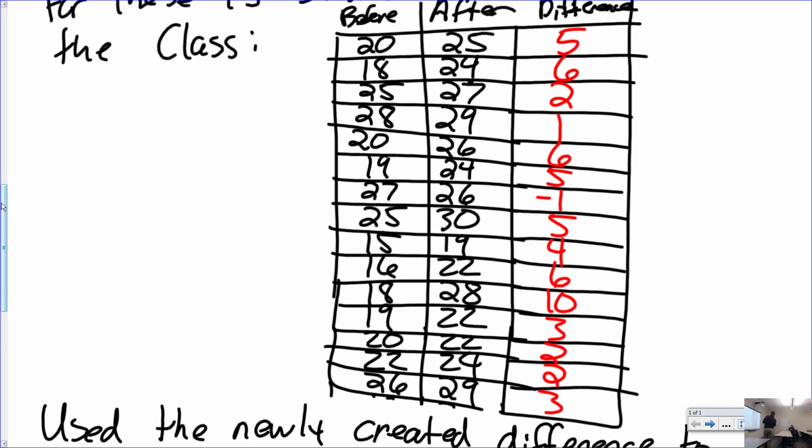Just 1. We did 6s to 5s. There's 1 negative 1. 4. How many 4s were there? 1. 10s. How many 10s were there? So you got 3.9333333 for the mean.